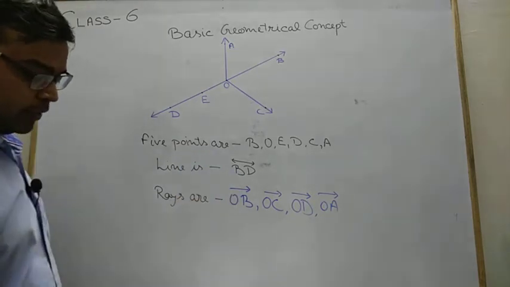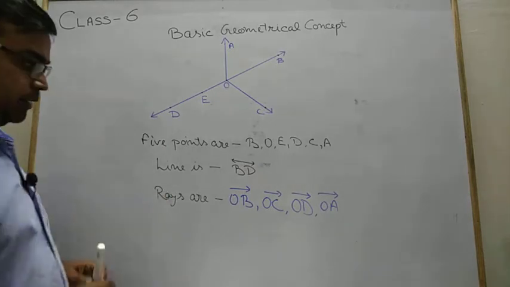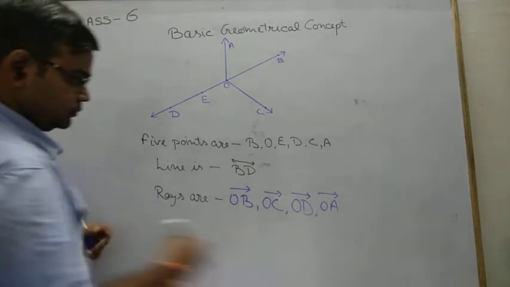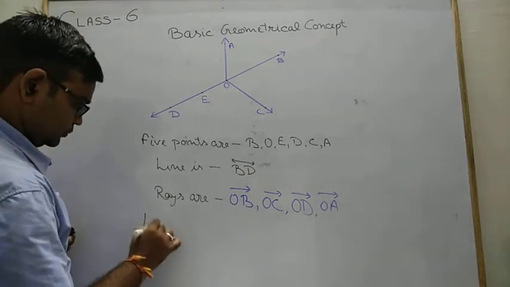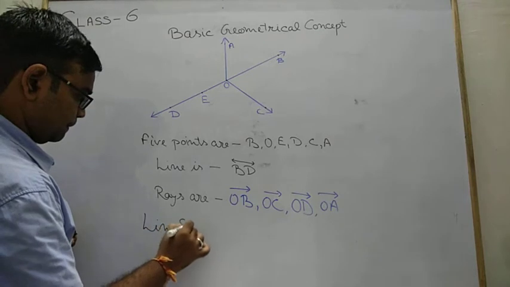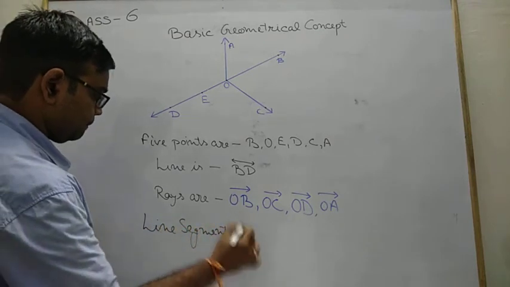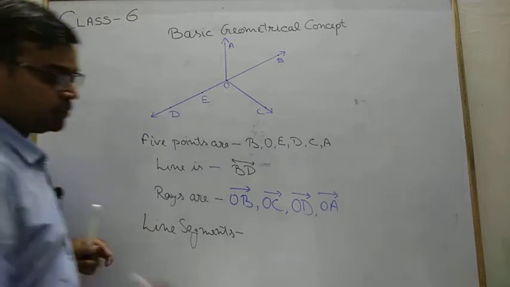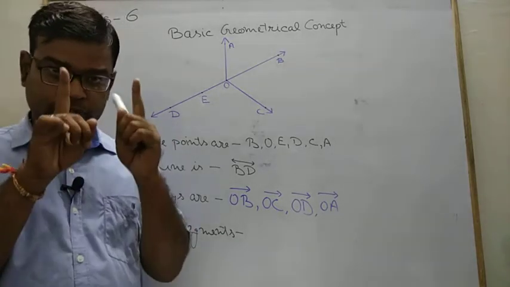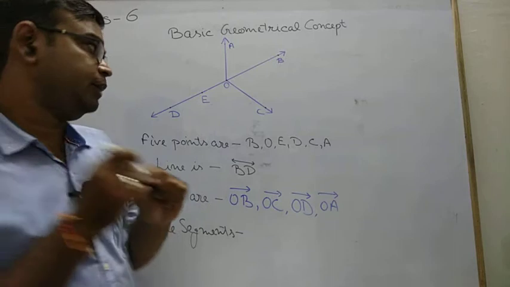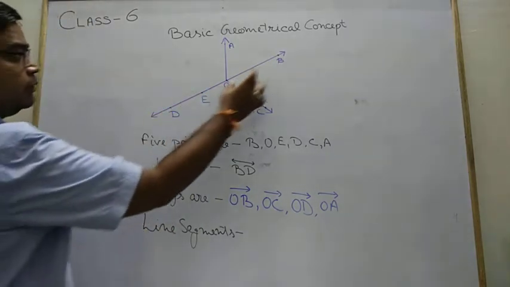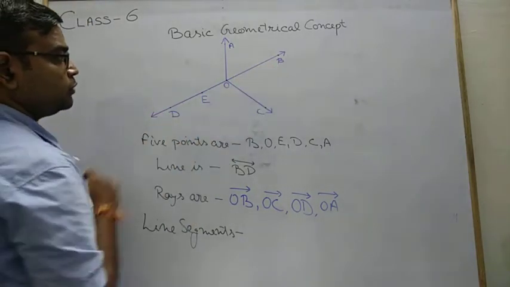Then again it is given that there are 5 line segments. Line segment means, on a line, two fixed points. There are 5 line segments. First, starting from this, O and B, these two are fixed points.